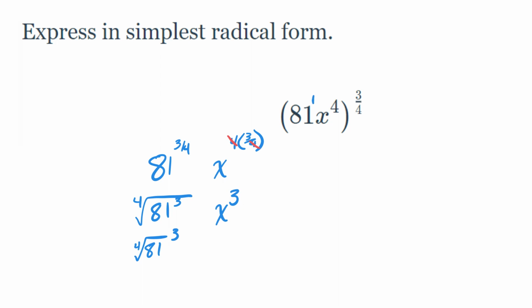Or let's just put in our calculator. We put in our calculator and we get 27. I want to finish mine out though, because the 4th root of 81 is 3. Because what a 4th root is the square root of the square root. So the square root of 81 is 9, and the square root of that is 3. So anytime you are dealing with a 4th root, it's the square root of the square root. So in this case, we end up with 27 x to the 3rd power.